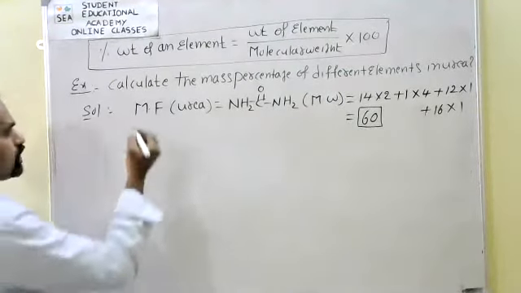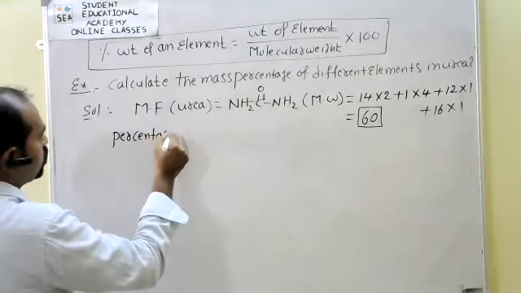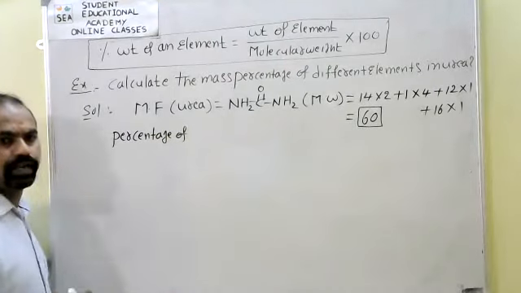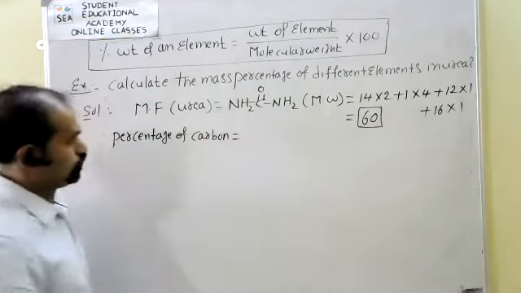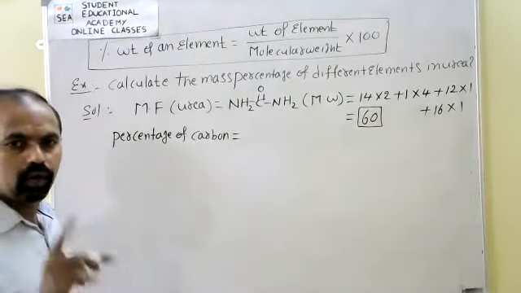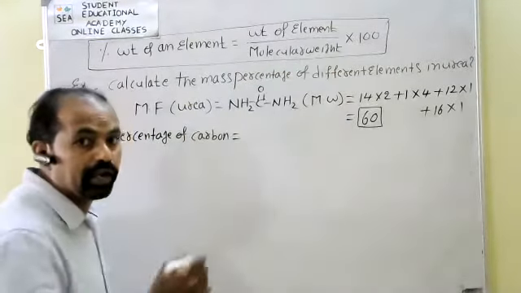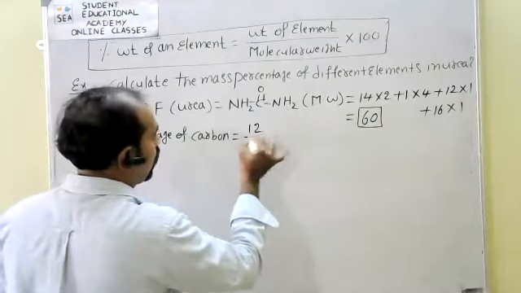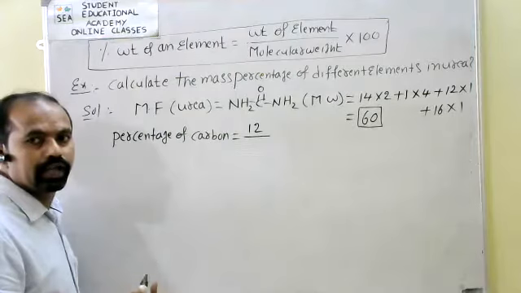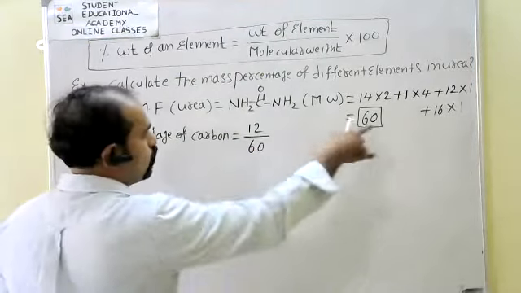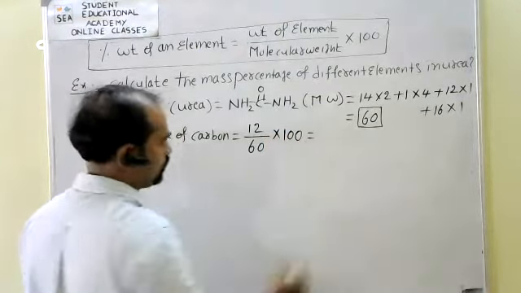So see, first, the percentage of carbon equals the weight of the element, carbon, 12, upon the molecular weight of the molecule, urea, which is 60, into 100.